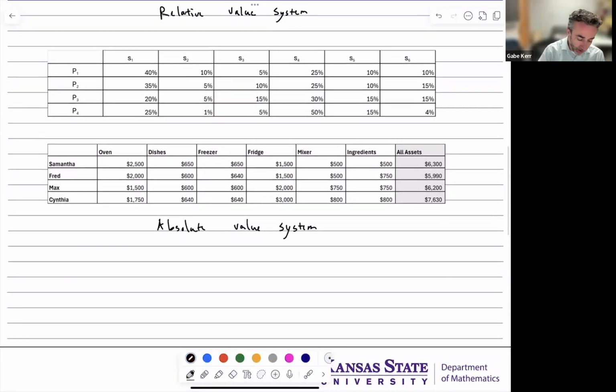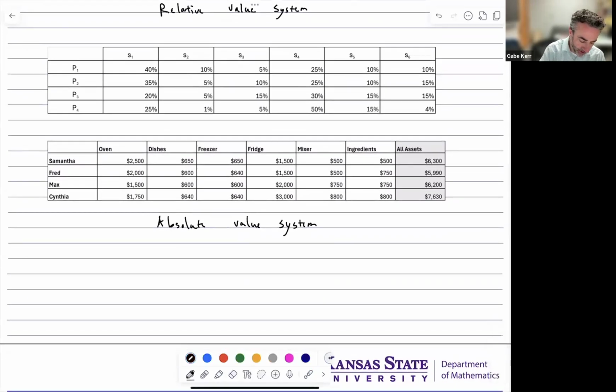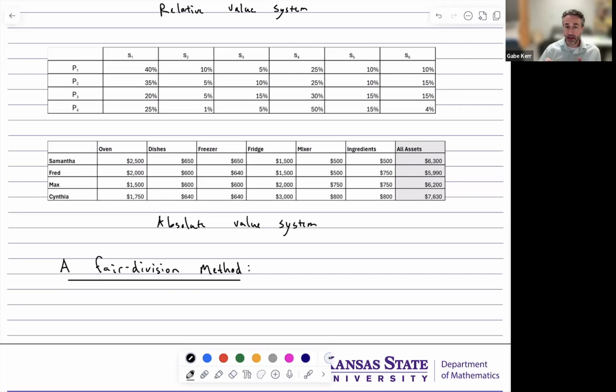So what else do we have as vocabulary? Well, another thing we have as vocabulary is this notion of a fair division method, and that's really what we're going to be discussing most in the coming videos. We need a fair division method. The idea is what we're interested in studying is how do we take the set of assets and distribute these assets to individuals in a way that maximizes the ability to get a fair division of assets, which we'll define in a second.